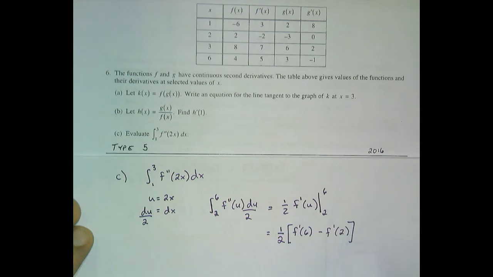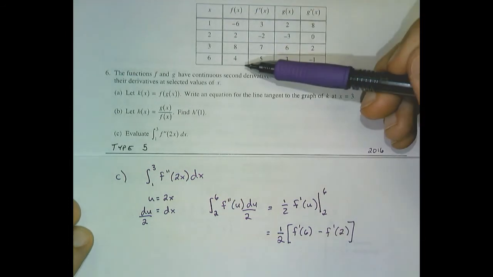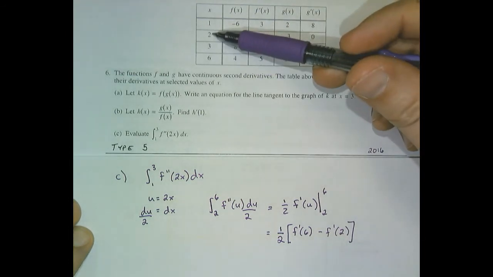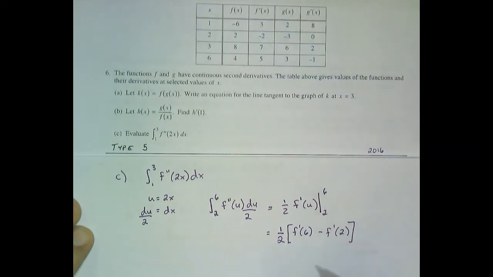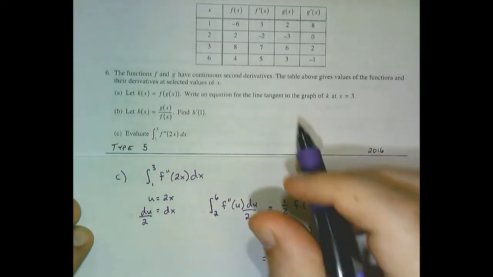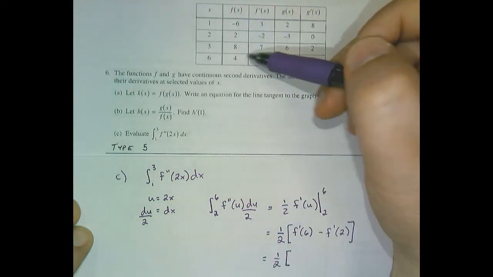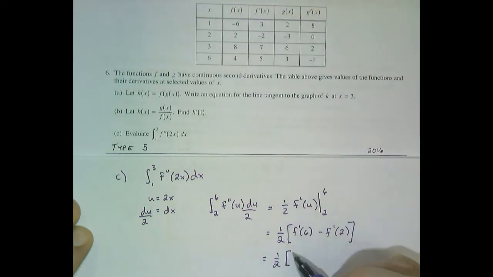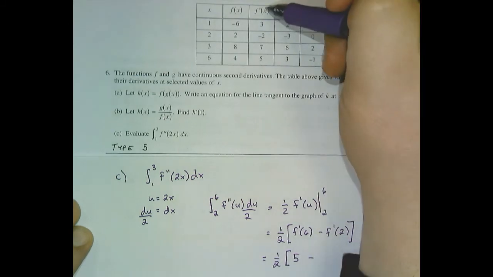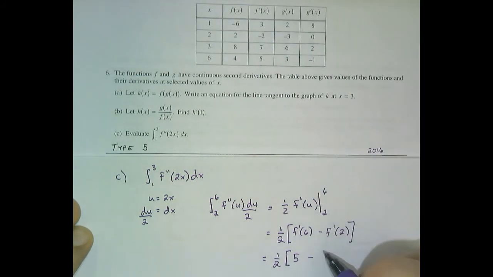And those numbers both exist on the table. We have an entry for 6 and an entry for 2 at f prime. So what we have is 1/2 of f prime of 6 is 5, and f prime of 2 is negative 2, which gives us a value of 7/2. Okay.